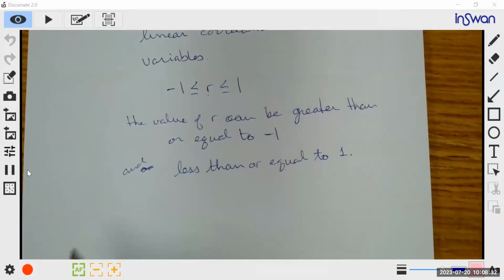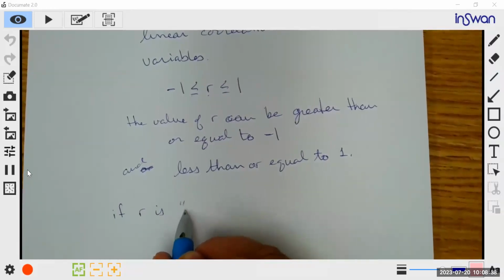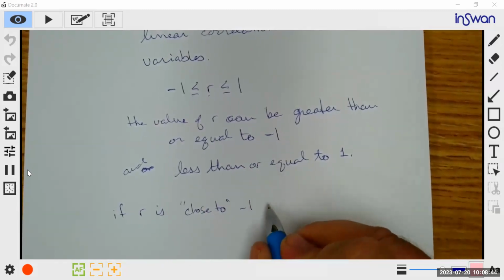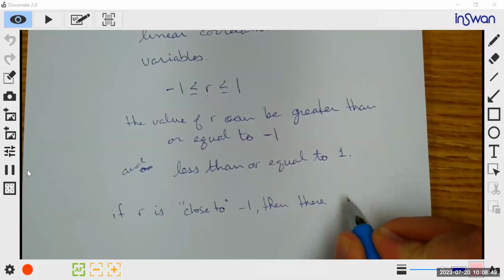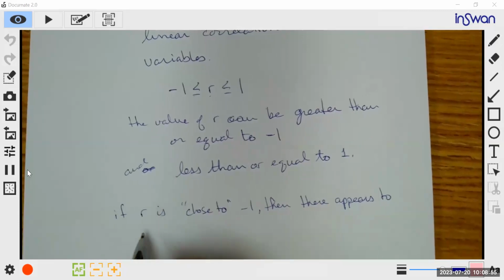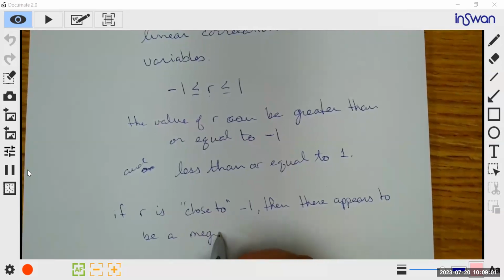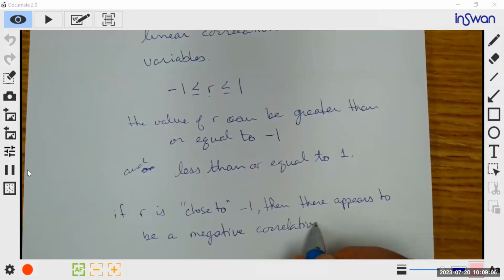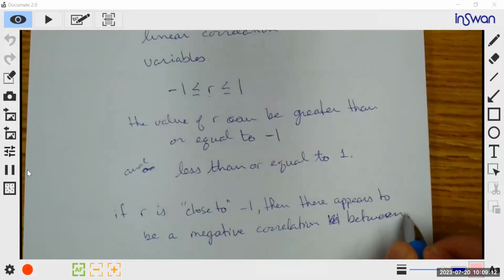The way we describe it is, if R is close to -1, then there appears to be a negative correlation between the two variables.